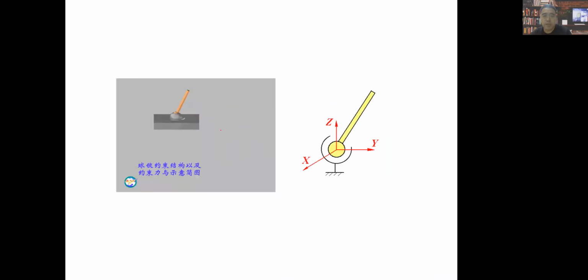This one actually is the typical hinge in space, because we mainly focus on coplanar systems. So for this page, you guys just need to have a little impression, that is enough. If you look at this picture, you will find it's more like a handle in your car, you know? Do you guys have a car?